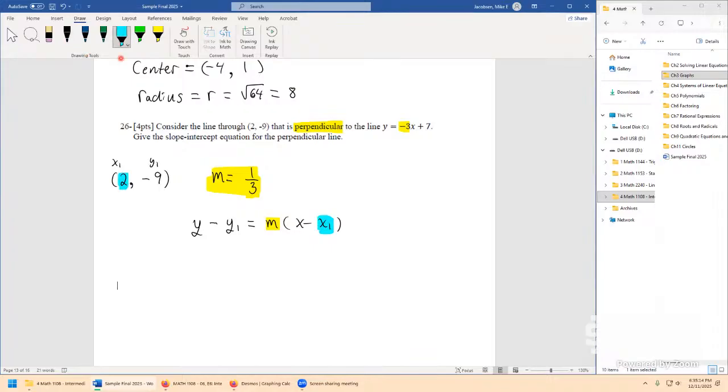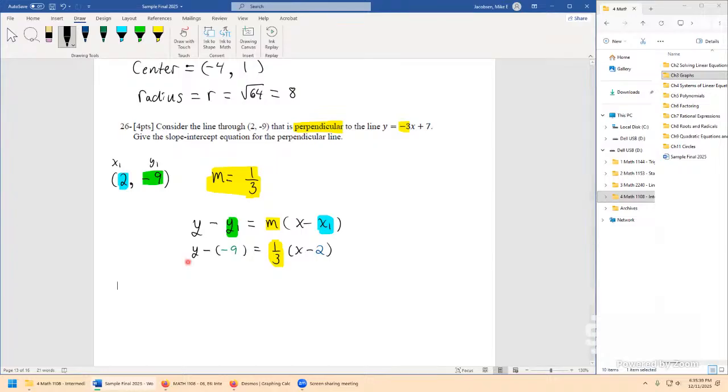So x1 is 2 in this problem. y1 is -9, which means we need to watch out for double negation. Substituting in those values, this is y minus -9 equals a slope of 1/3, so we have some fraction arithmetic to navigate through, times x minus 2.